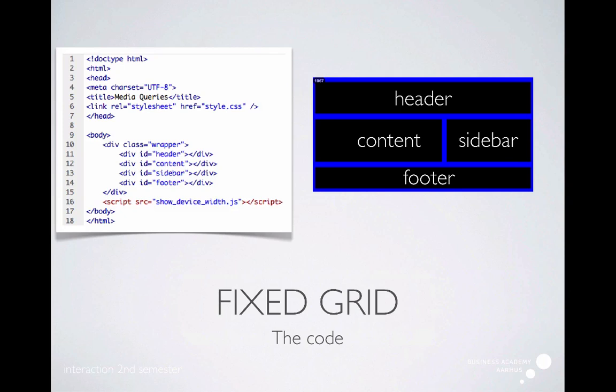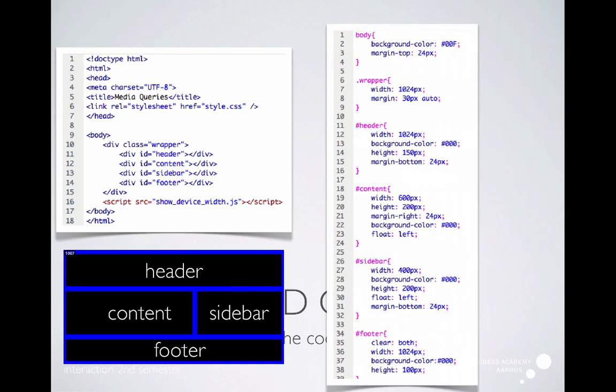And the CSS looks like this. I have here the wrapper at 1024 pixels wide. I put in a margin at 30 pixels, and then I have the header again. It's 1024 pixels wide. It has a fixed height just for the example.